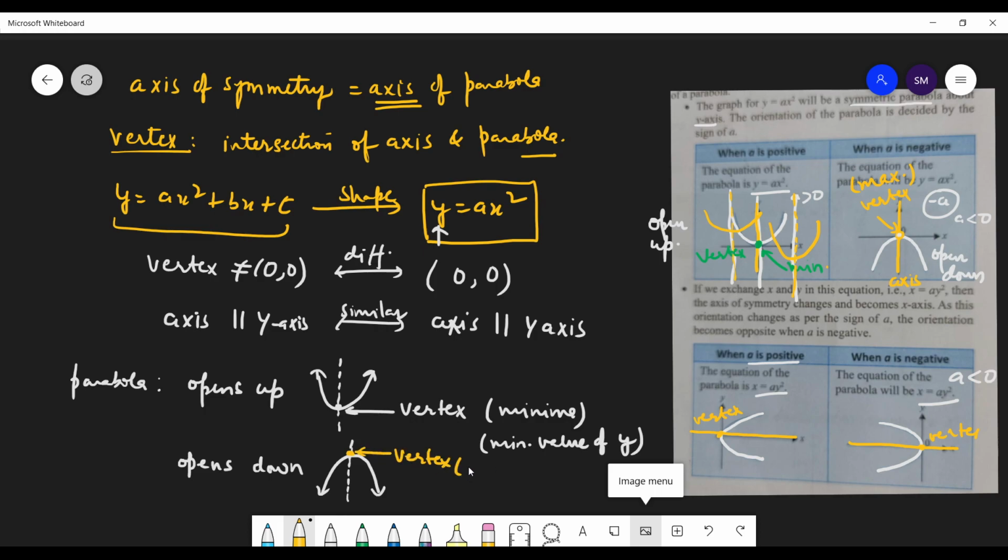So here the vertex is the maxima, or the maximum value of y. All these concepts are very, very important. You will have all these concepts in maths also in 12th class. But to study physics at a higher level, we need to know these basics. Shall I move forward?